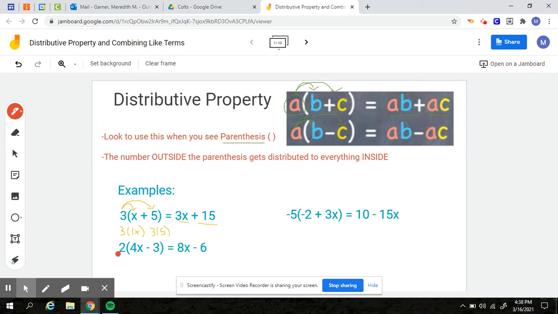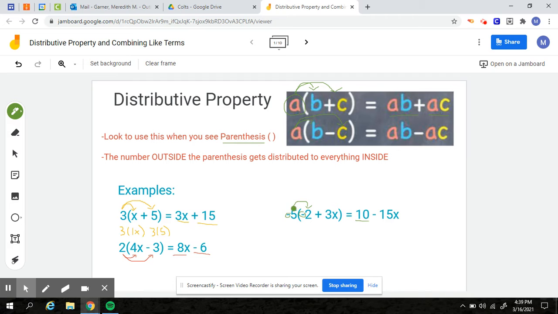Our next example down below, we're going to distribute the 2. So 2 times 4x gives you 8x. 2 times negative 3 gives you negative 6. And then our last example on the right, we're distributing a negative 5. So negative 5 times negative 2. Remember that double negatives will equal positive.